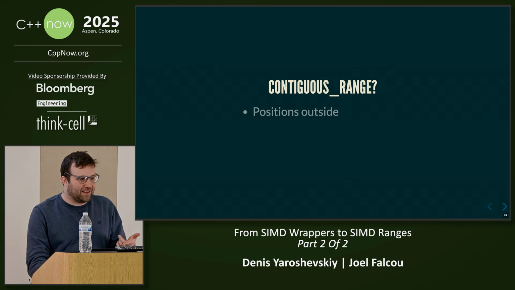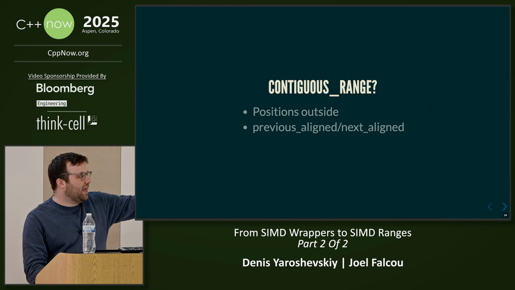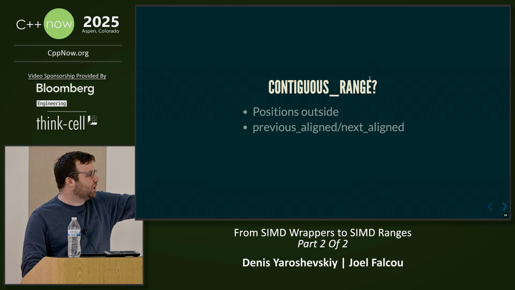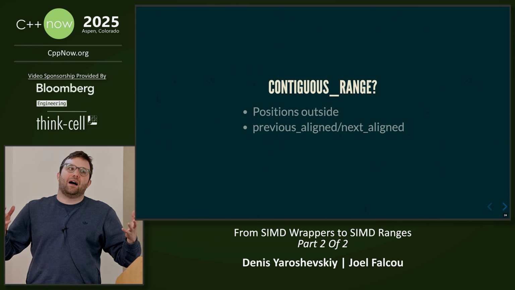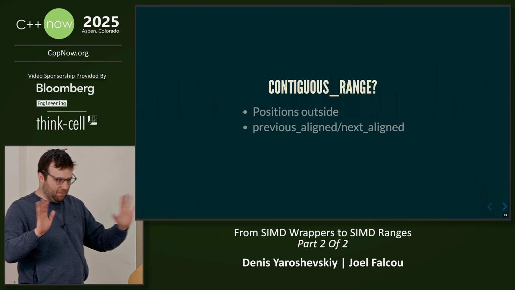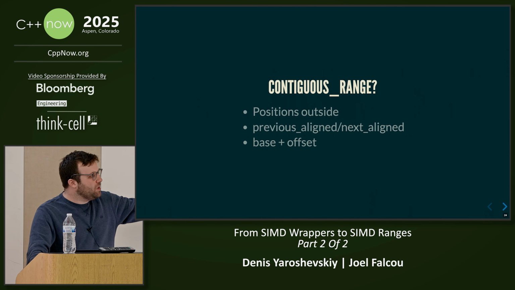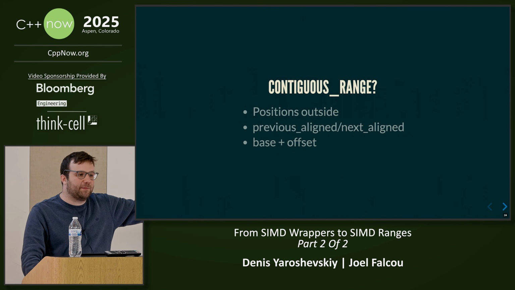So if your tail handling is masked loads, no. If you do something else for tail handling, maybe you still would like to compute the previous aligned and the next aligned. Maybe you can pull it off. So maybe, I don't know. If we need to represent those values, I think we could go with a base plus offset model.